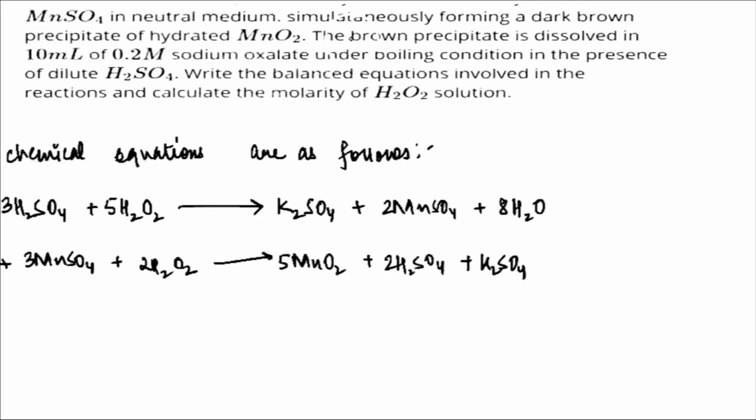For the third reaction, the brown precipitate is dissolved in 10 ml of 0.2 molar sodium oxalate under boiling condition in the presence of dilute H2SO4.